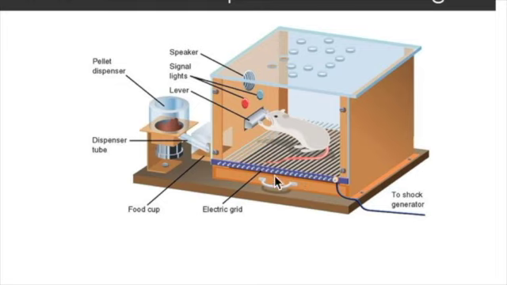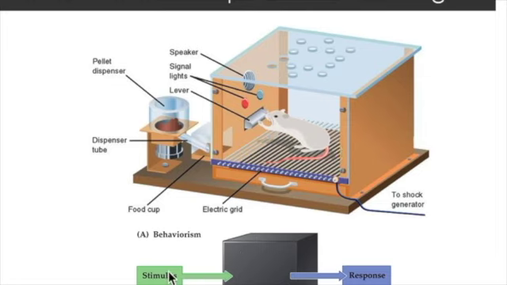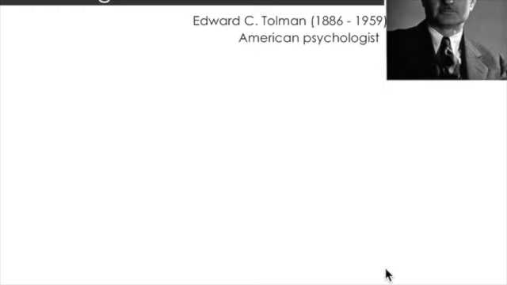Right? So by simply giving the rat certain stimuli, you can observe and control its response. Right? So that's the fundamental tenet of behaviorism, that it doesn't actually matter what's inside the brain, you can treat it as a black box, and it's just a systematic mapping between stimulus and response relationships.